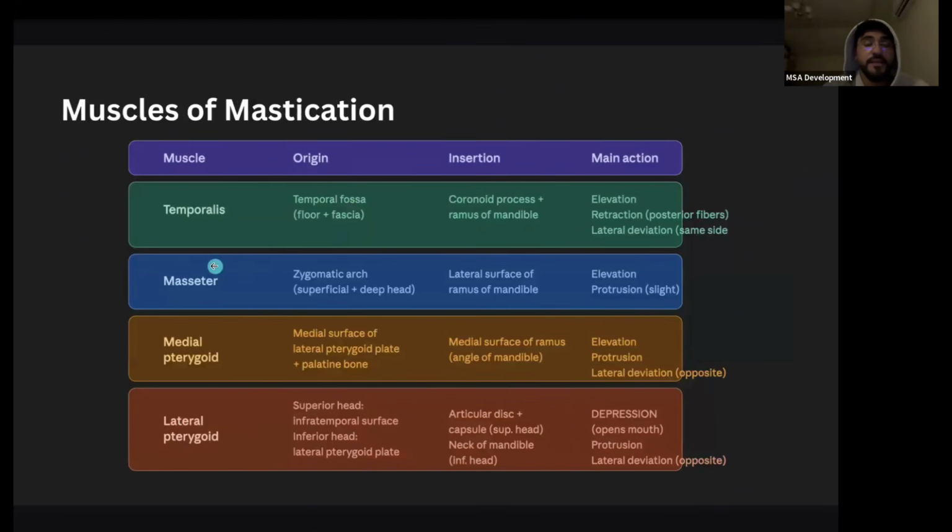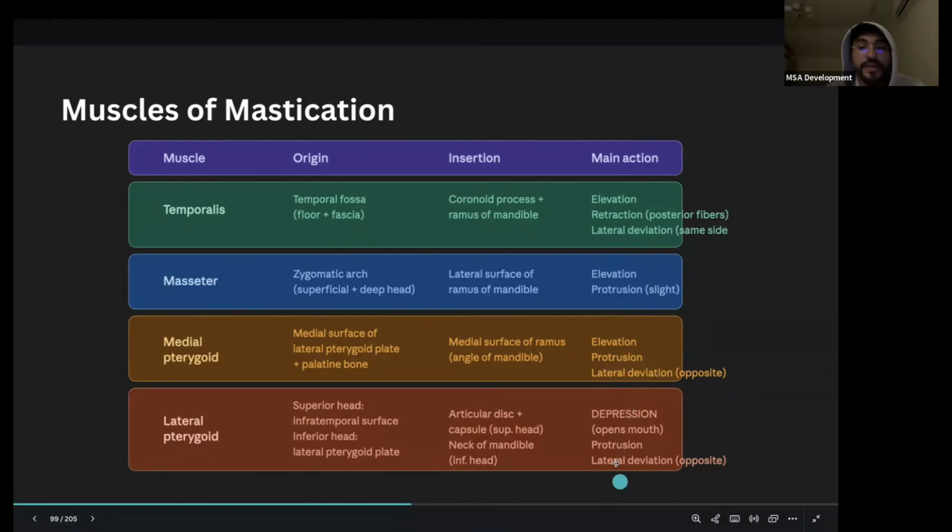Muscles of mastication. Of course, we start off with the temporalis muscle. The temporalis muscle helps with elevation, retraction, and lateral deviation as well. The masseter muscle also helps with elevation and protrusion. The medial pterygoid helps with elevation and protrusion as well.